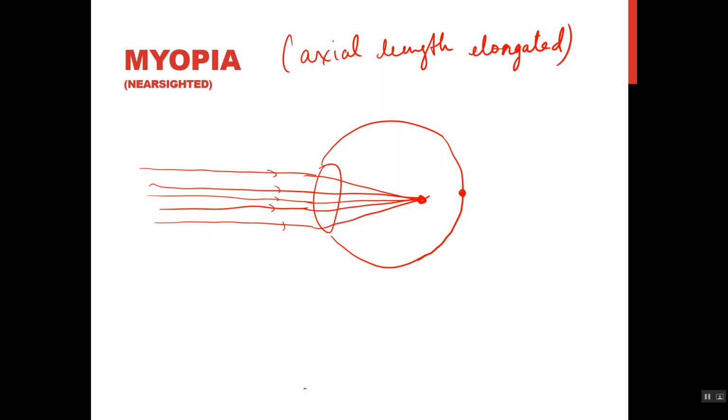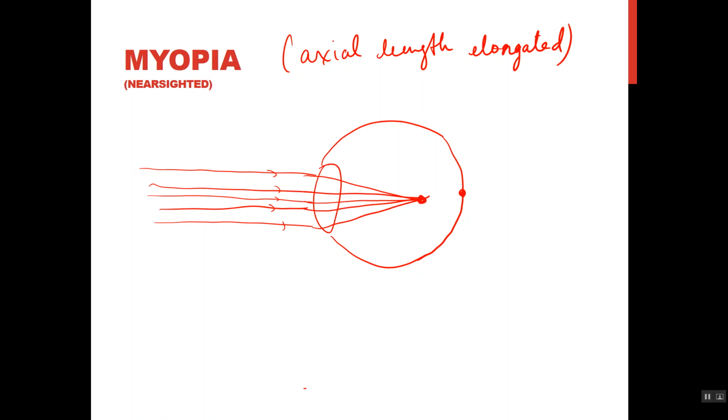So your lens is over converging. Again, nothing wrong with your lens. It's just that your eyeball is too long, whoever has myopia. The eyeball is too long. Your lens is working perfectly fine, except it's not able to converge the light onto the retina, which is further away than it's normally supposed to be.